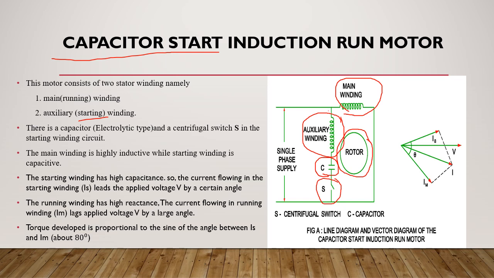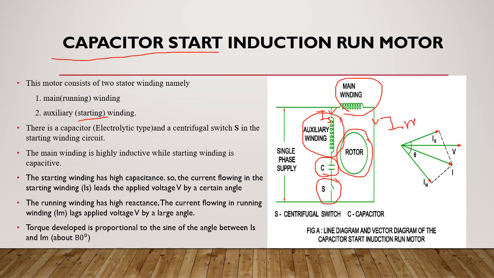The current passing through the starting winding is IS, and the current passing through the main winding is called IM.